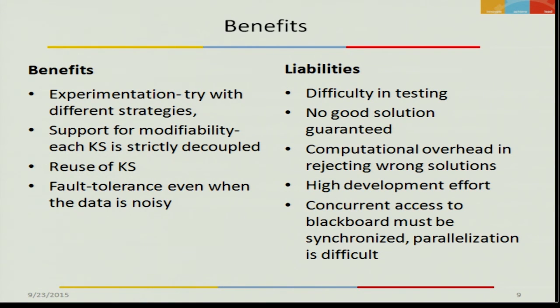Even when the data is noisy, one can have fault tolerance built in. How? Because one can have multiple domain knowledge sources which can process data. One could be for the good data, another could be for the bad data. So depending on the quality of the data, the control knowledge source can choose the right module to process the data.